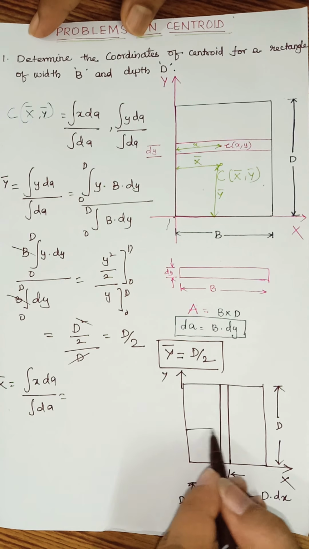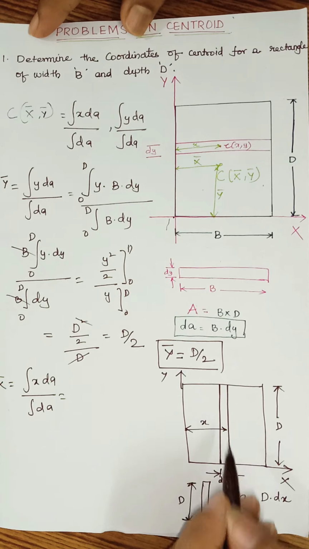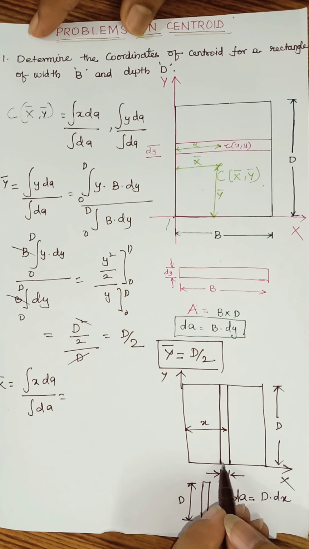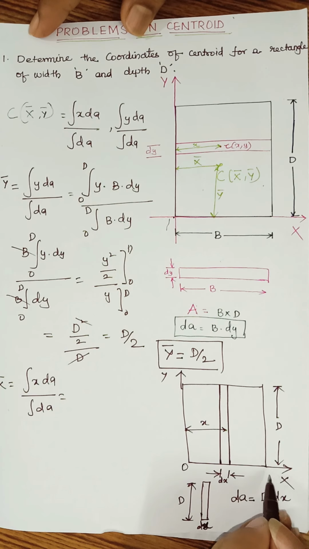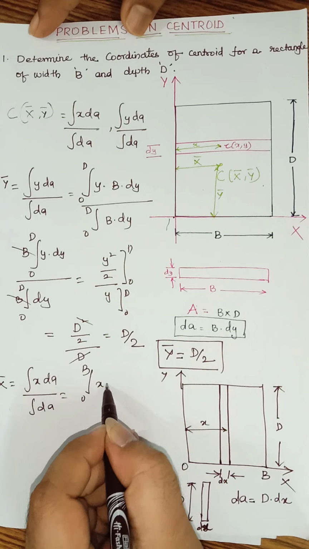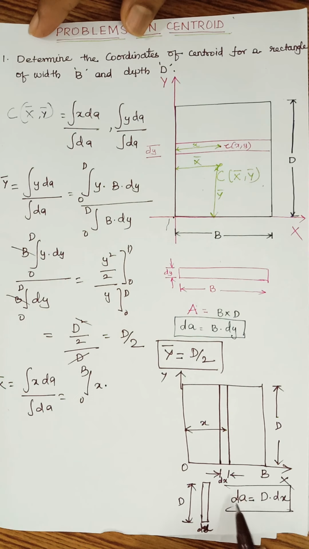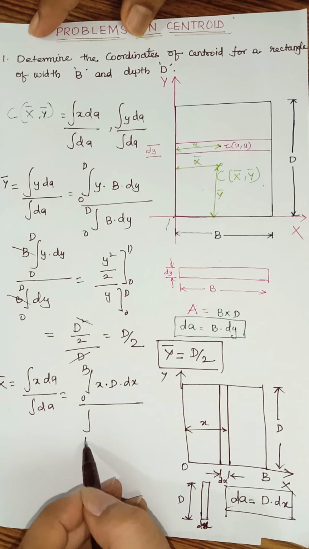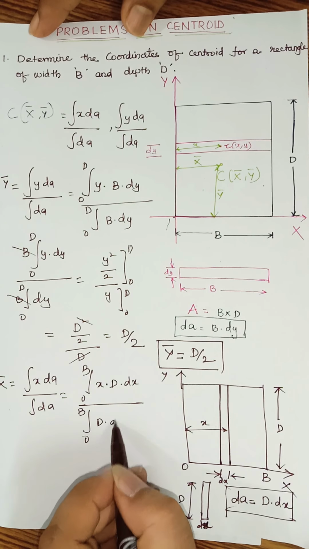Here x refers to the distance of the strip from the reference y-axis, and the maximum limits to which the strip can be moved will be 0 to b. So I'm taking 0 to b, x multiplied by dA, the area of the strip, which is D multiplied by dx, by integral 0 to b D dx.